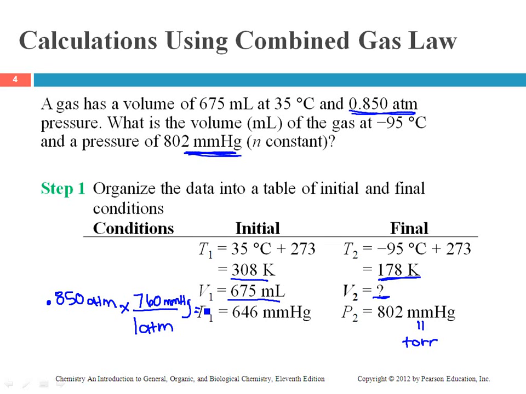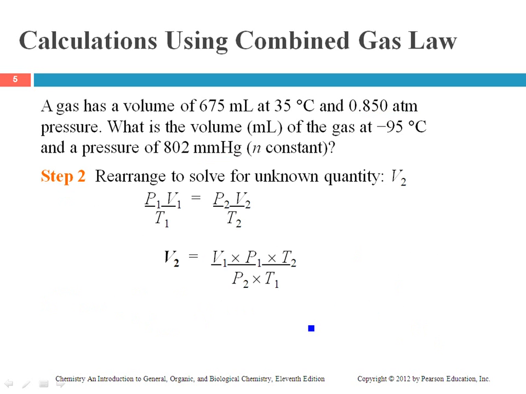I'll pull out our calculators to make sure this is right: we've got 0.850 times 760, so we should get 646 millimeters mercury. So we have to do that conversion step first. Now we know our combined gas law, and if you would like to memorize it the way I've shown, I think that's easier.